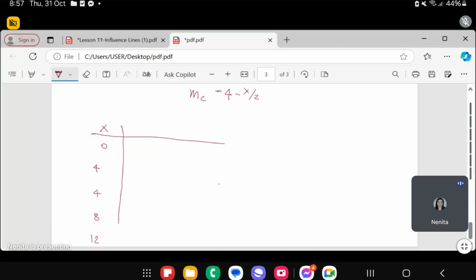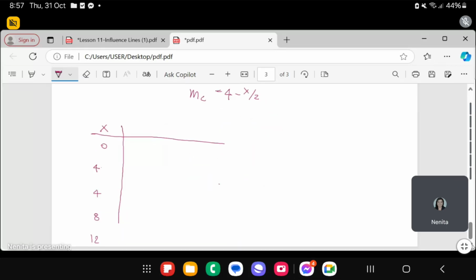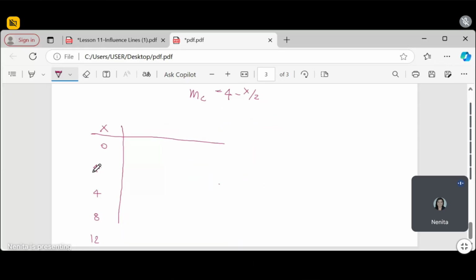Ang ating equations, if x is greater or equal to 0 but lesser than 4, ano ating MC? MC is equal to x over 2, 1 half x.